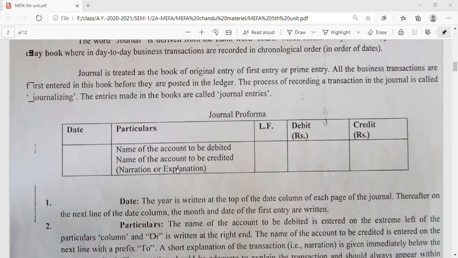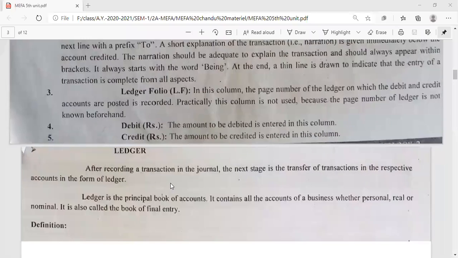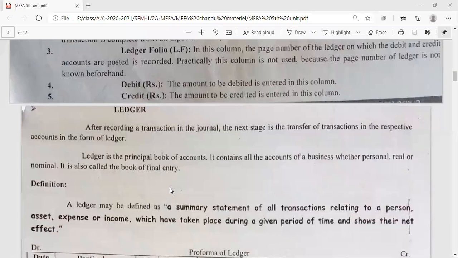Here you'll write the creditor account and the credited amount. Generally this amount and this amount should be the same, and you write the explanation between the both, right? So that is how you make the journal.